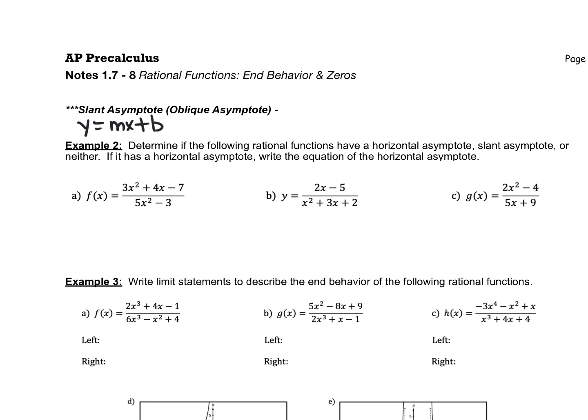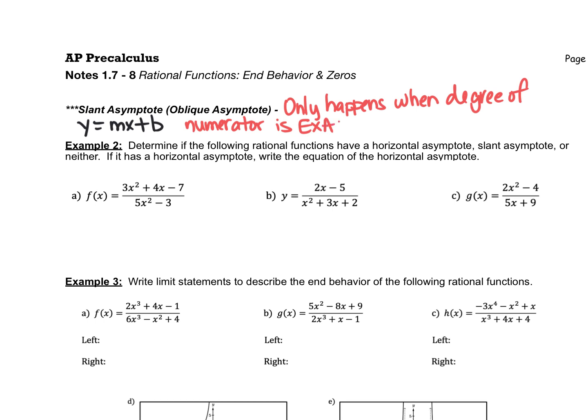Now, how do we find it, or when do we know when it occurs? Well, here's the great thing. It only happens when the degree of the numerator is exactly 1 greater than the degree of the denominator.